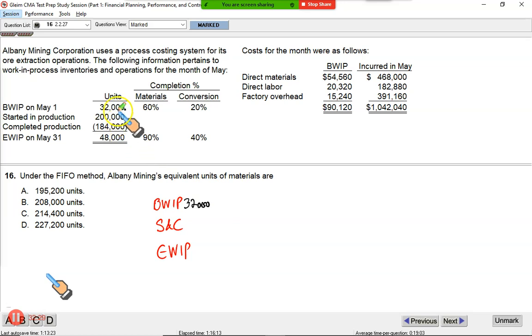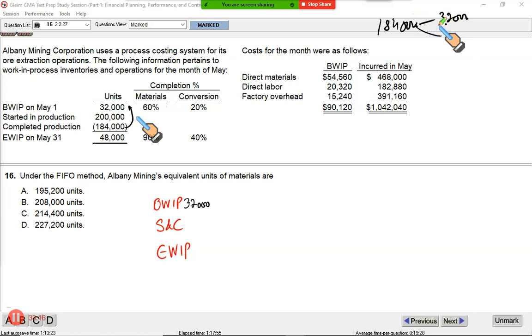Then it says we started work on 200,000 units. And we completed 184,000 units. Gentlemen, attention. If we completed 184,000 units, out of these 32,000 are from the beginning work in process.